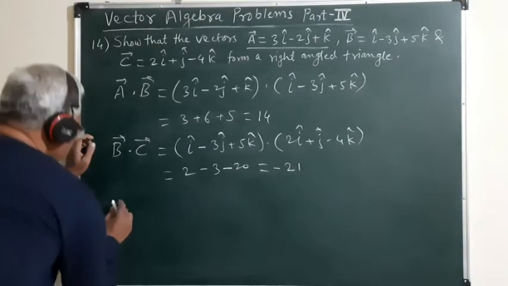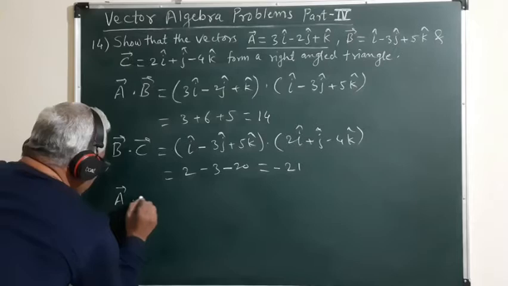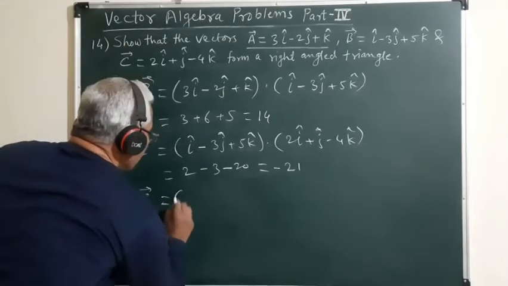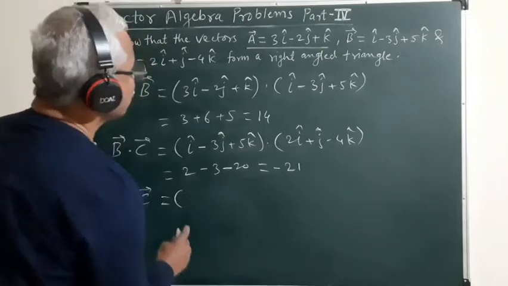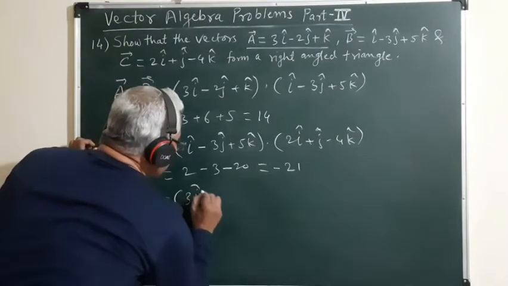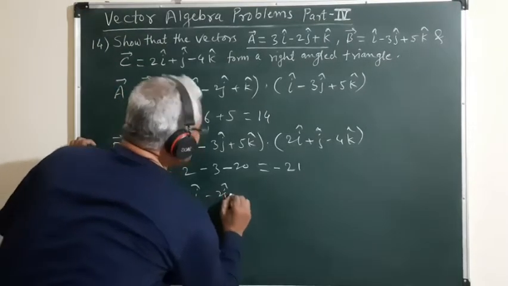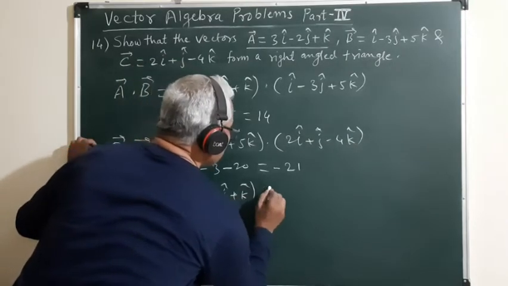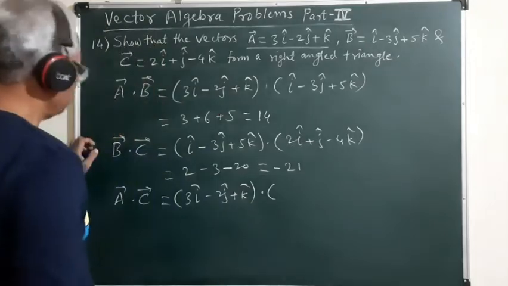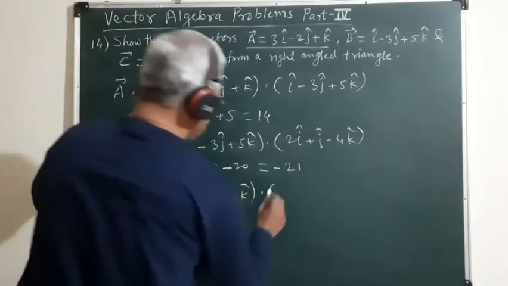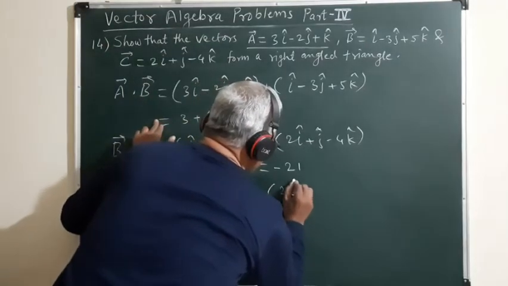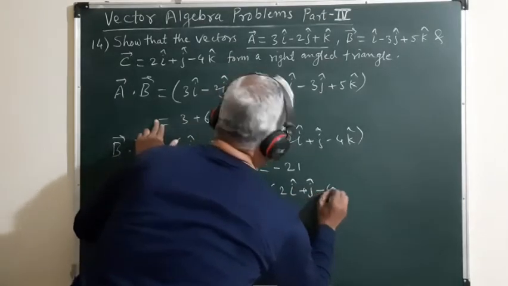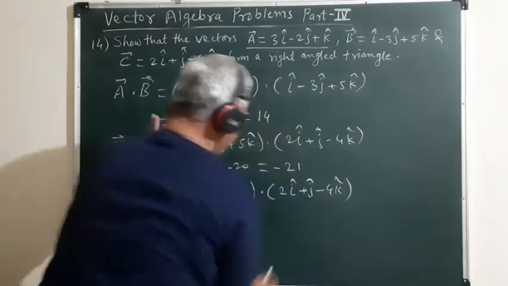Then evaluate the dot product of a bar and c bar. So a bar dot c bar works out to be equal to a bar is 3i cap minus 2j cap plus k cap dot c bar is 2i cap plus j cap minus 4k cap.